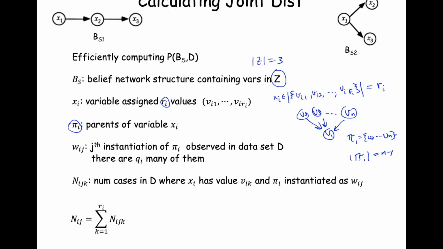Now, wij. We said that the parents of a variable, if we have the probability of, let's say, variable 1 given variable 2 and variable 3, well, variable 2 and variable 3 can take on values. If these values were Boolean, that would be 2 choices for this one, 2 choices for this one.